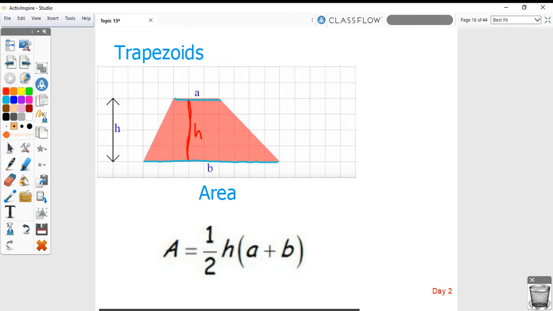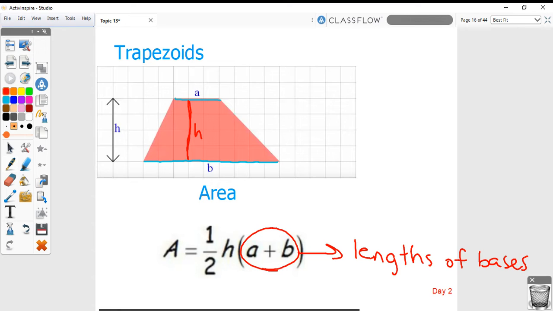Then it's 1/2 times the height times those two bases added together. A and B would be the lengths of these two sides that are parallel to each other. Something you might want to add on your paper is that A and B are the lengths of the bases.